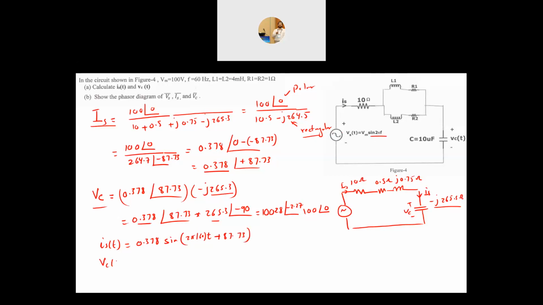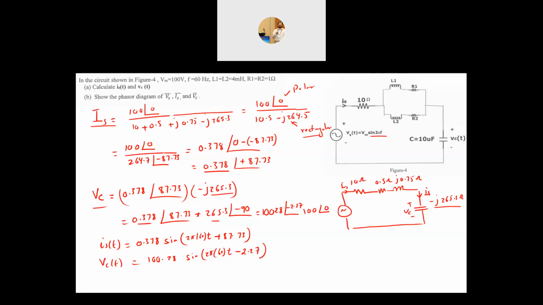And your VC of t, take the magnitude 100.28, the same sine, the same 2 pi times 60t frequency, and then the angle is minus 2.27. So that is the first part, how to find IS of t and VC of t.